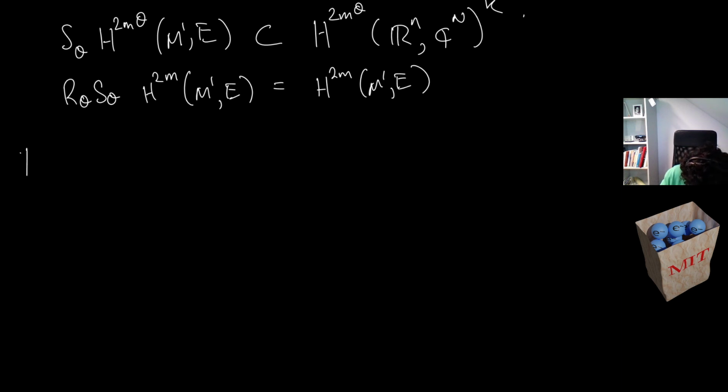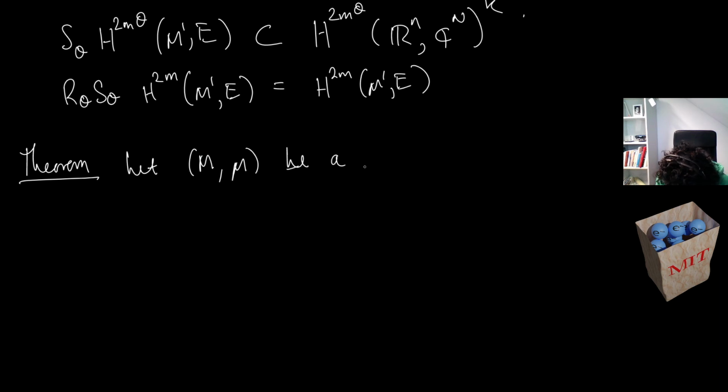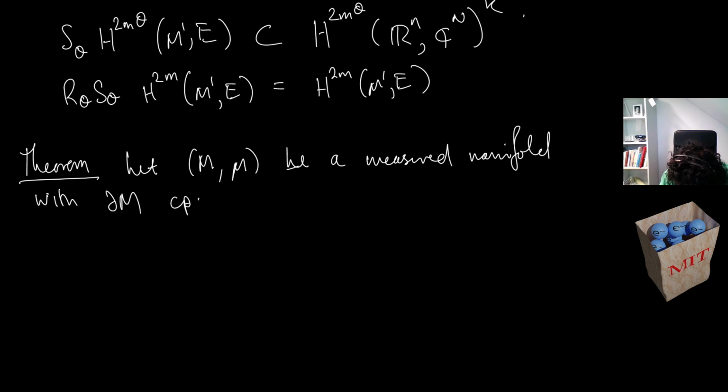So now let's get back to trying to understand the trace space, right? Remember, our goal is to define the map gamma on all of Dom D_max. So let mu be a measured manifold with the boundary compact.